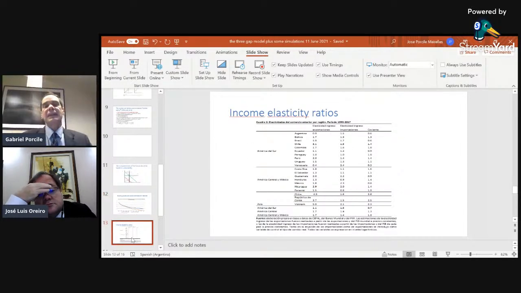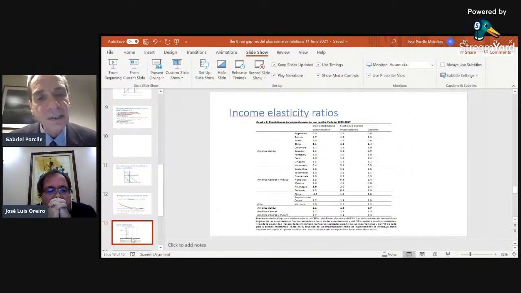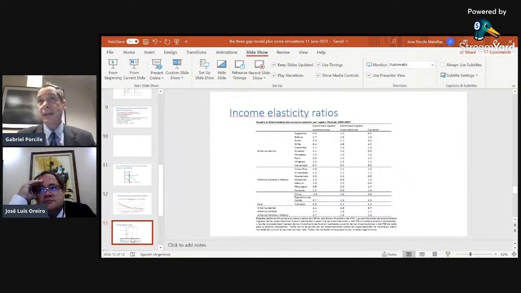This 4% is higher than the rate of growth which is consistent with the income elasticity ratio and the rate of growth of the center in previous years. We are assuming that the center grows at the same rate as in the previous decades, and we estimate the income elasticity ratio using conventional equations. The conventional equation is the rate of growth of the center and changes in the real exchange rate.